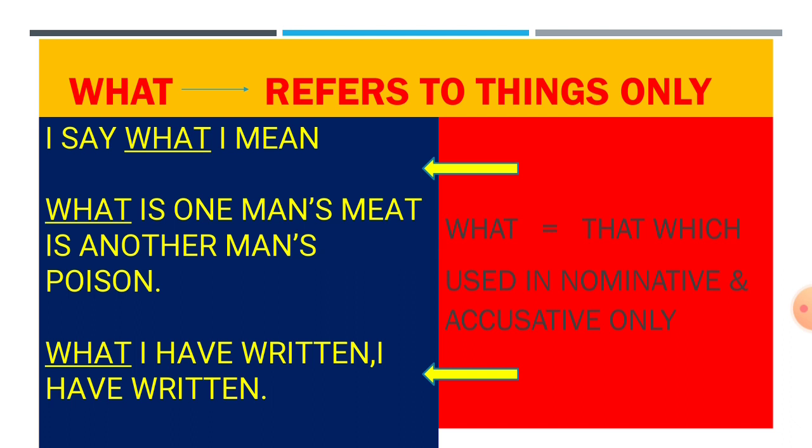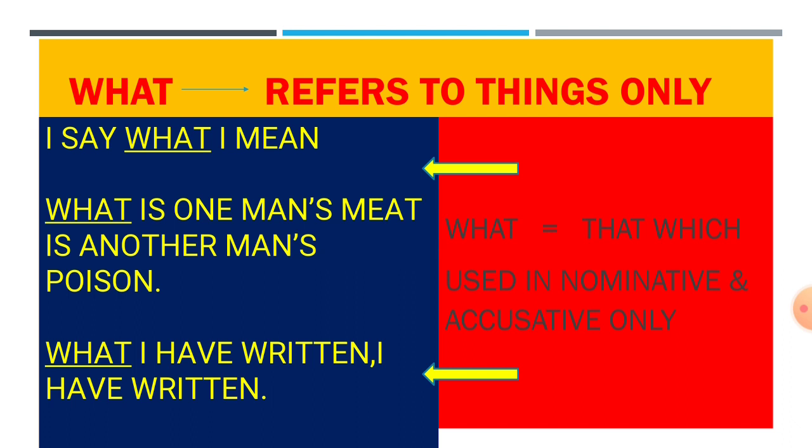Suppose there is a sentence, I say what I mean. So instead of what, you can say I say that which I mean. So instead of that which, we can directly write I say what I mean. What is one man's meat is another man's poison.